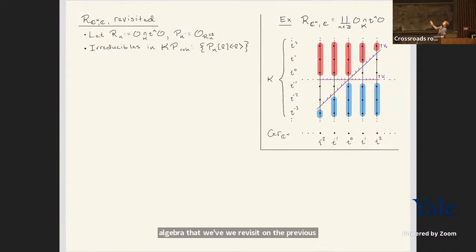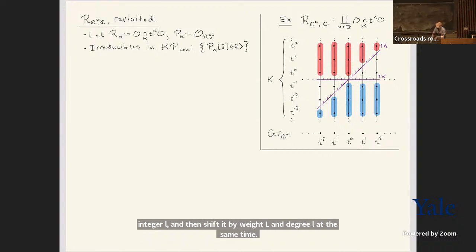And I want to just look at the DG module where all of the degree -1 generators act by 0, and then it's free on the degree 0 generators. So in this case, all of the irreducibles are just these objects together with this shift that we built in. So I can take P sub n, choose some integer L, and then shift it by weight L and degree L at the same time. So those are all of the irreducibles.